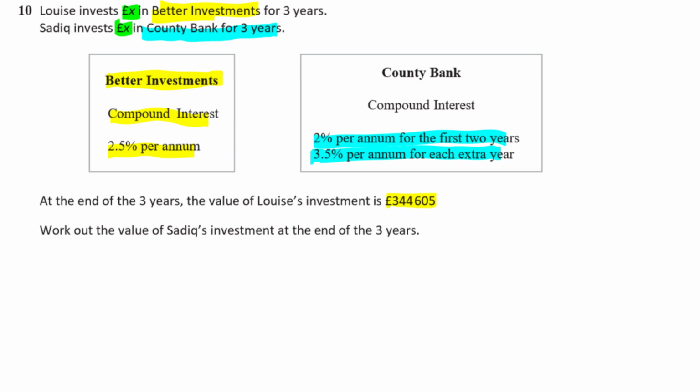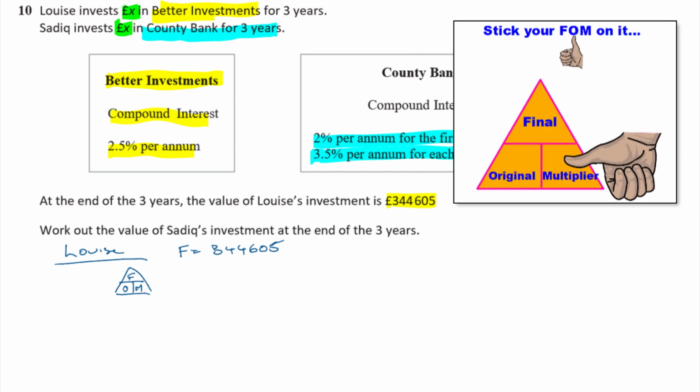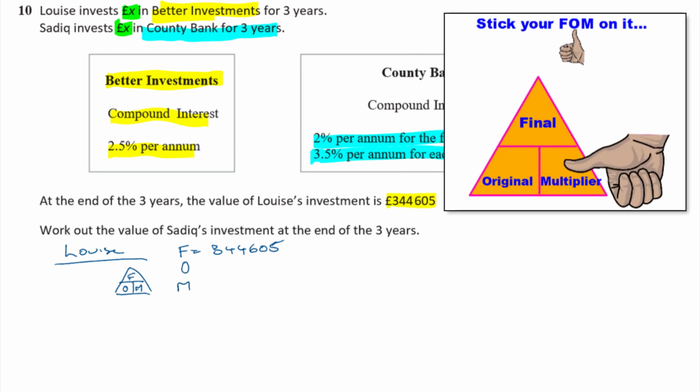Right, so let's start with Louise. We know that her final amount was 344,605. Now I'm going to use a technique called putting my thumb on it, FOM. I've got a little triangle here. I like to use these for pretty much all percentage questions, and compound interest is just a subset of percentage questions.